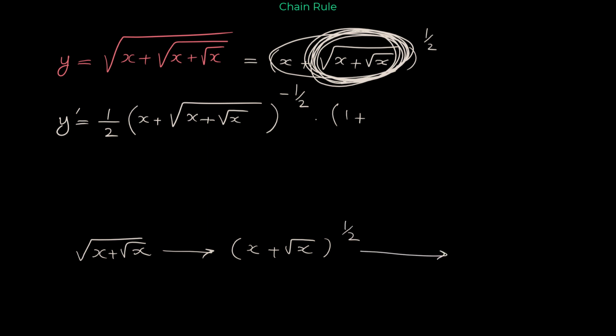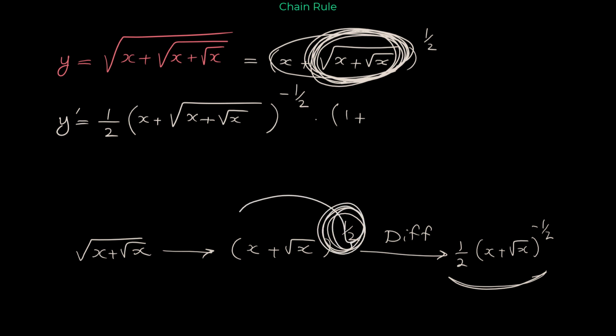And now if we differentiate this expression, the derivative of this would be 1/2 times x plus radical x to the -1/2. Don't forget, you have to multiply it by the derivative of the inside. This is the derivative of the power. We bring the power in front and we subtract the power by 1.